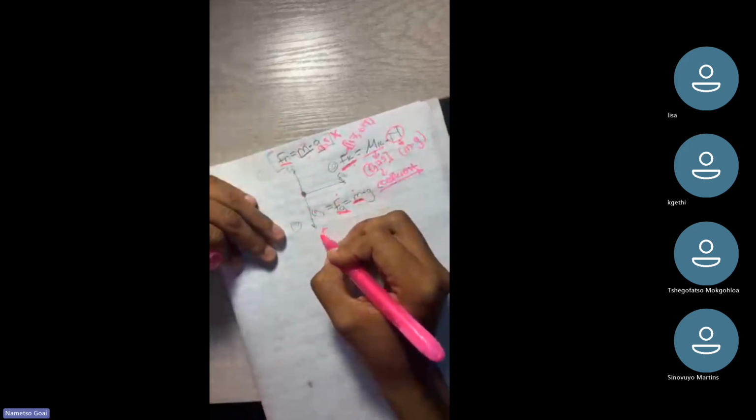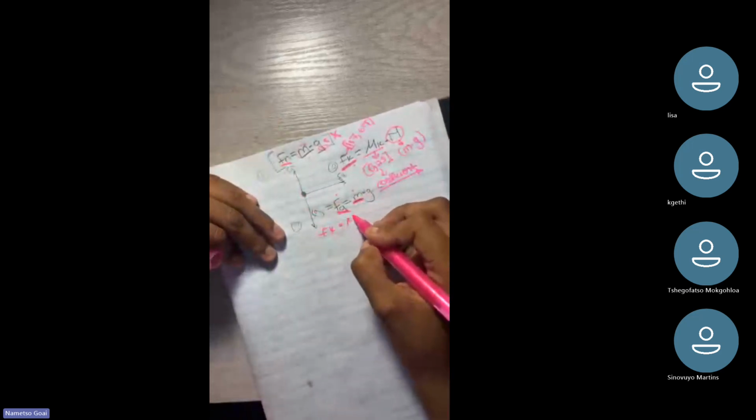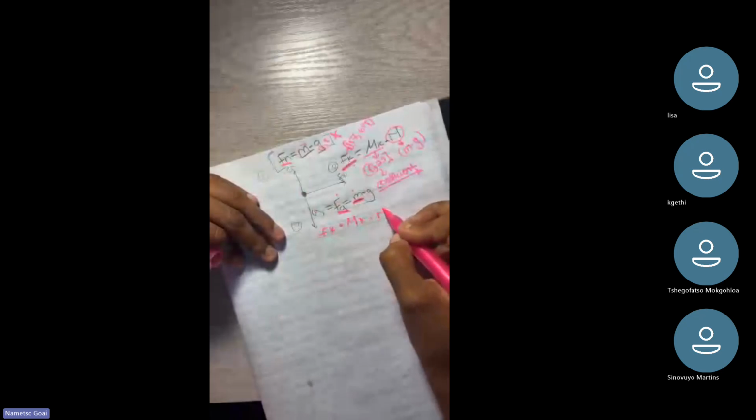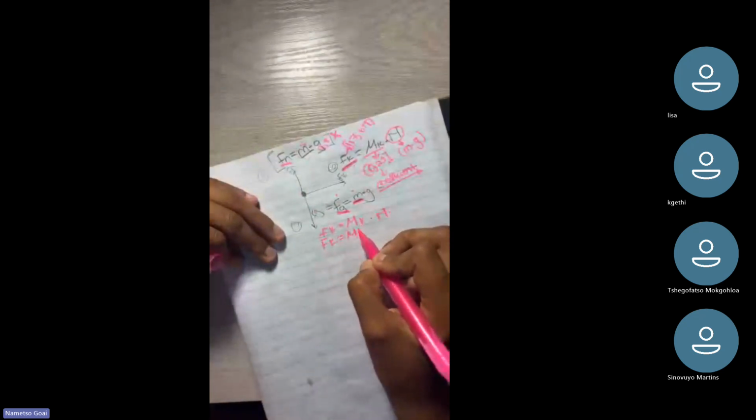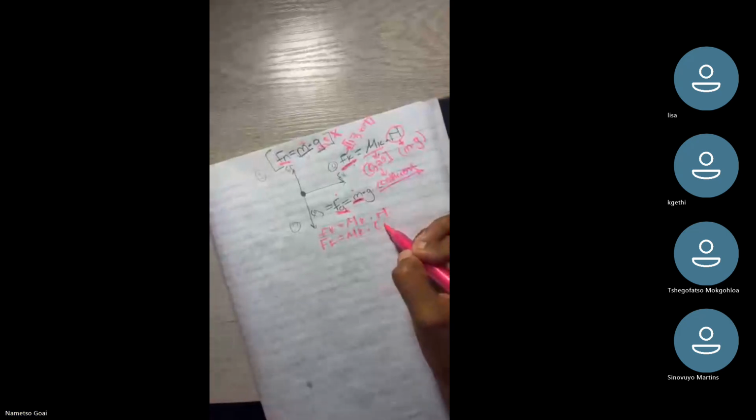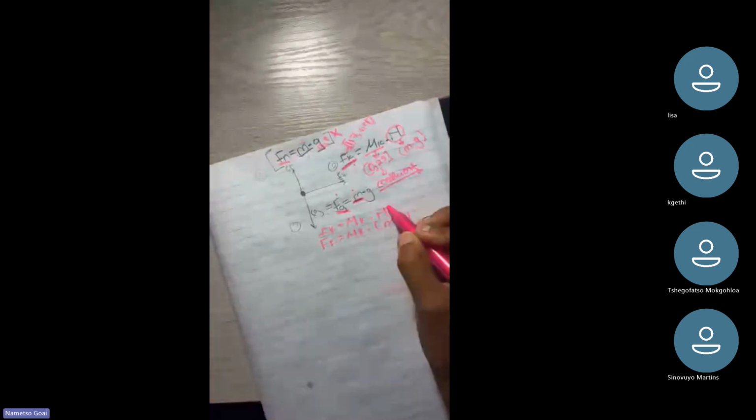So if we write this properly, we will have Fk equals mu k multiplied by the normal, which means Fk equals mu k multiplied by m dot g, because this is the normal force. Remember, I specified that the formula for normal force is m dot g.